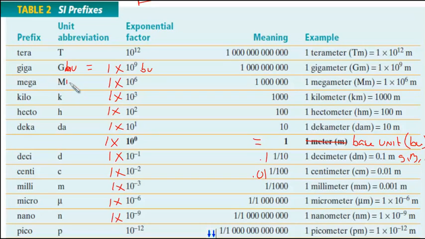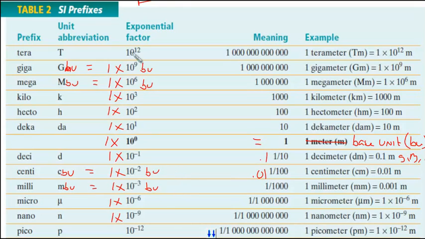A mega base unit equals 1 times 10 to the 6 base units. A centi base unit, centimeter or centiliter, equals 1 times 10 to the negative 2 base units. A milli base unit, milliliter or millimeter, equals 1 times 10 to the negative 3 base units.